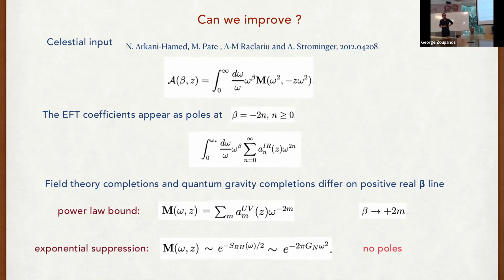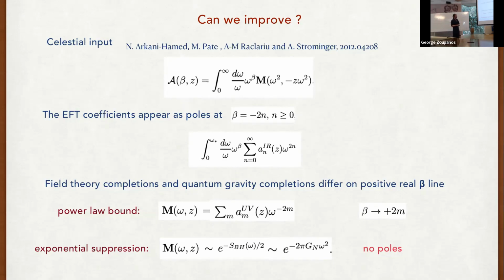But now you can make a distinction between field theory and quantum gravity completion, because on the positive real line, since this is a negative real line with poles, field theory is power law bounded, which means it has a large omega expansion as a 1/omega expansion. So that means that for any power law completion, you're going to have non-trivial poles on the real axis.